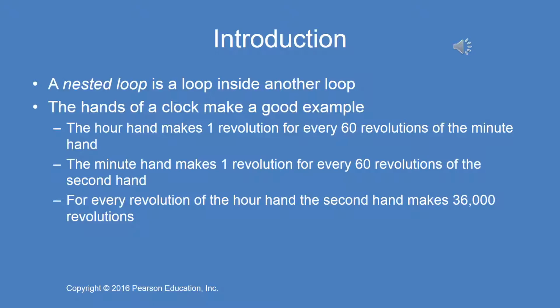The second hand iterates 60 times every time the minute hand iterates once. And the minute hand is going to iterate 60 times for every iteration of the hour hand. So 60 times 60, 3,600 iterations of the most inner loop in this example.